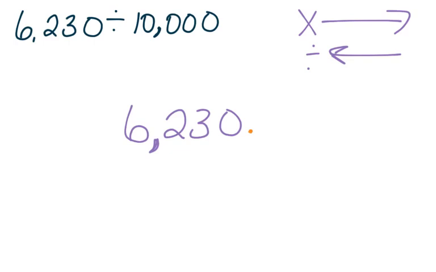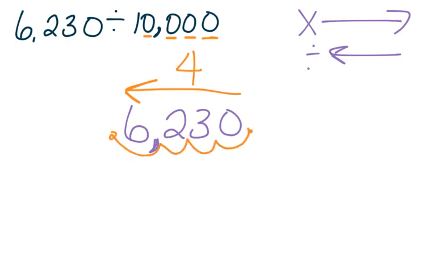So now we're going to divide, which means we're going to move left by the number of spaces that matches the number of zeros. There are 4 zeros, so we're going to move 4 spaces to the left. 1, 2, 3, 4. So 6,230 divided by 10,000 turns into 6,230 10,000ths.